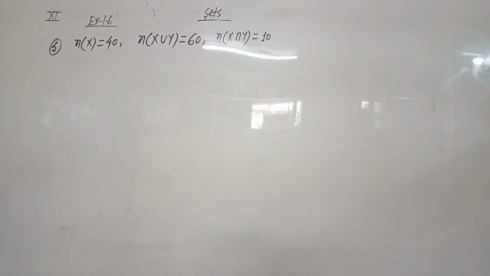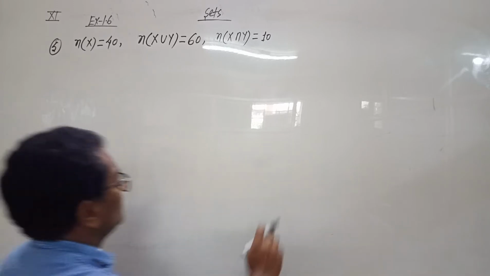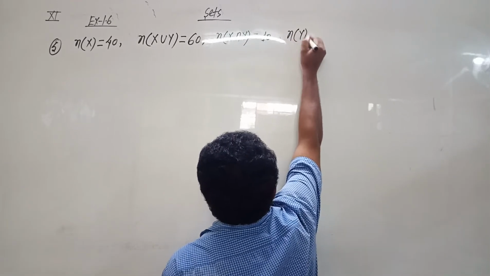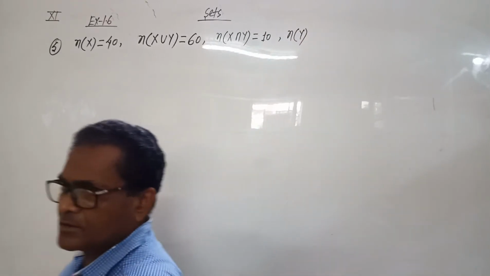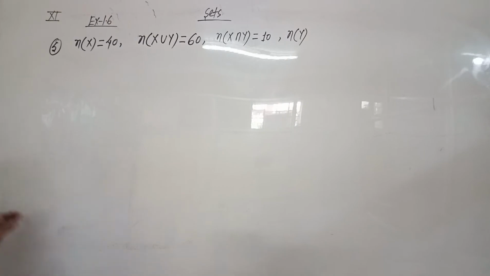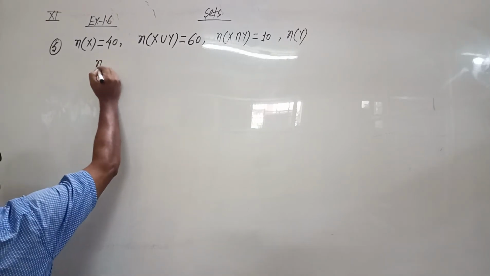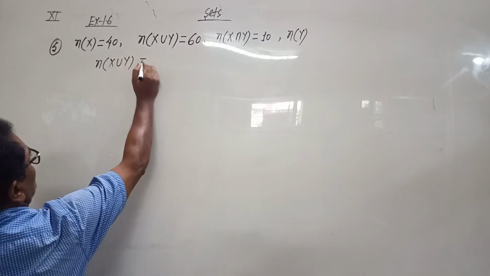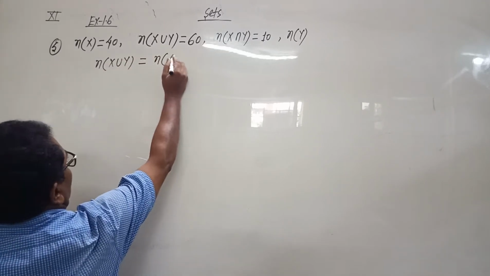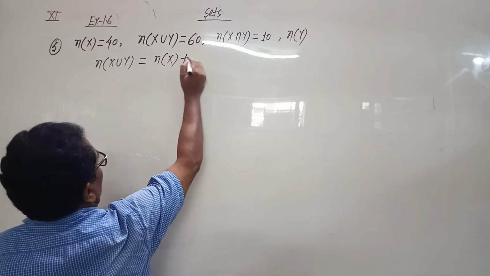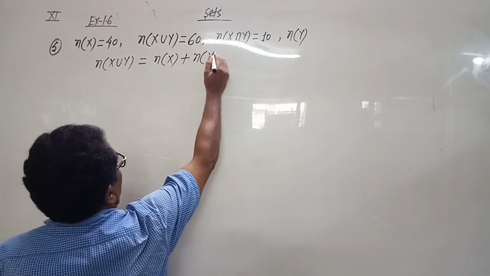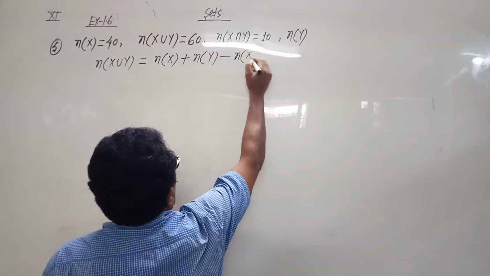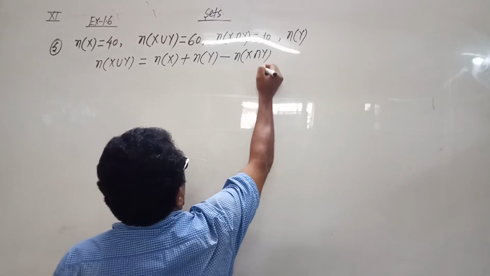So how many elements does y have? We have to find the number of elements of y. We use the formula n of x union y equals n of x plus n of y minus n of x intersection y.